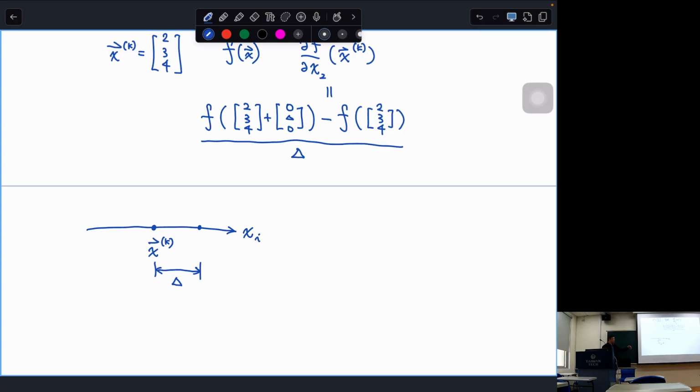Okay, so forward scheme is like you evaluate the function value here minus the function value here, then divided by the step size. If you want to do the backward scheme, I use green color. So if you do the backward scheme, you use the function value here minus the function value in the back. So over here, you take a decrement of delta. So you use the function value here minus the function value here divided by delta.